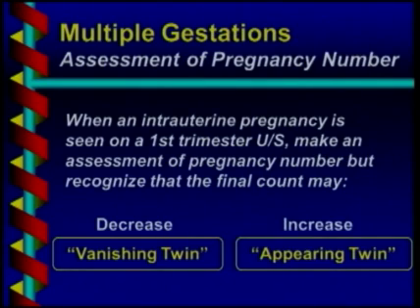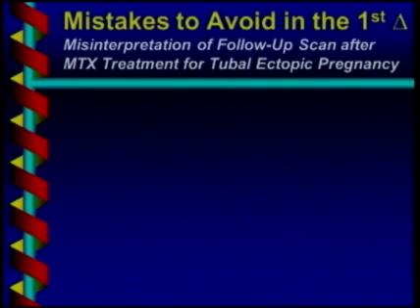So as long as you explain to the patient, and recognize yourself, that the pregnancy number that you're determining on a pre-6-week ultrasound is a preliminary estimate that may go up or down, you won't look foolish when you say clearly it's this number and more show up on a subsequent ultrasound.